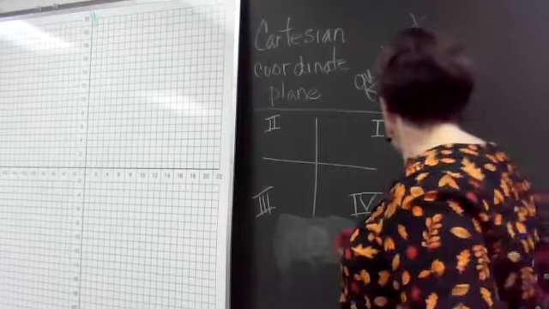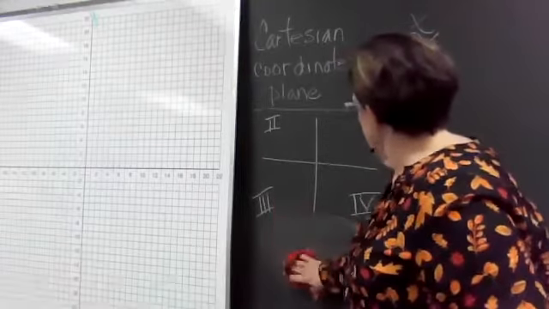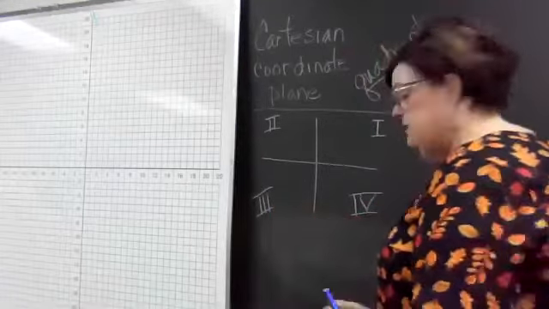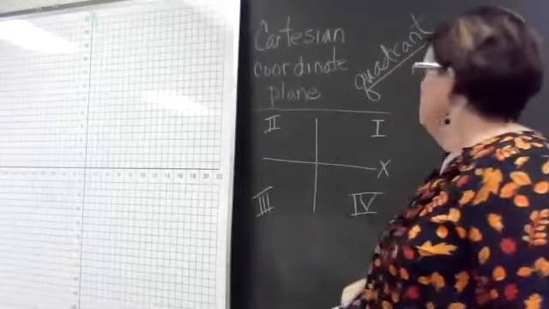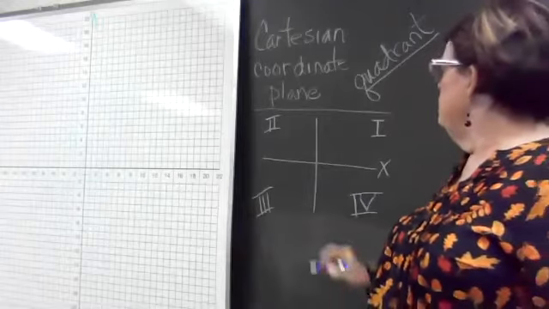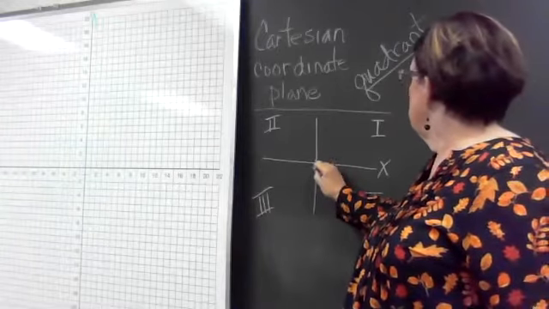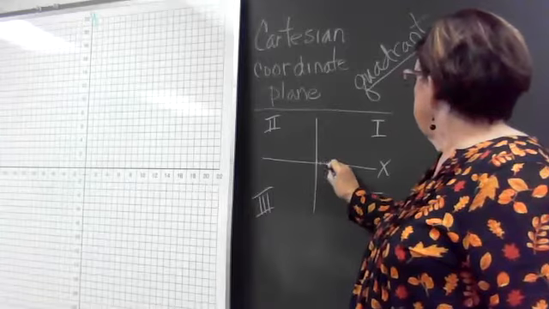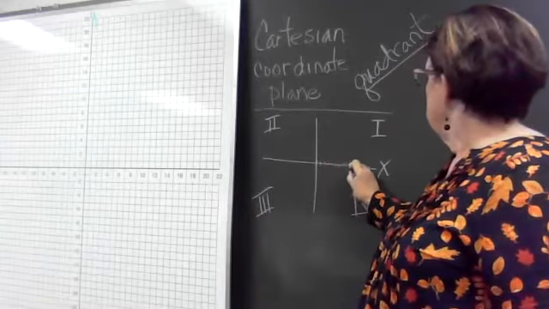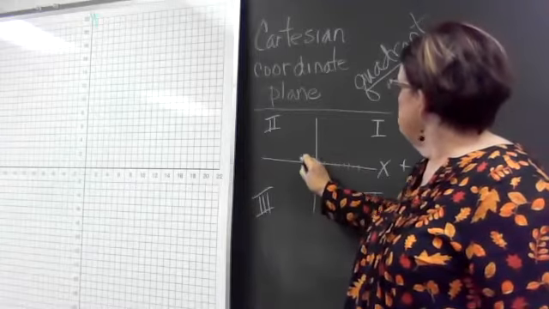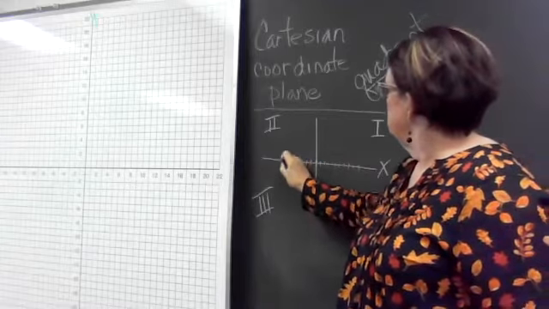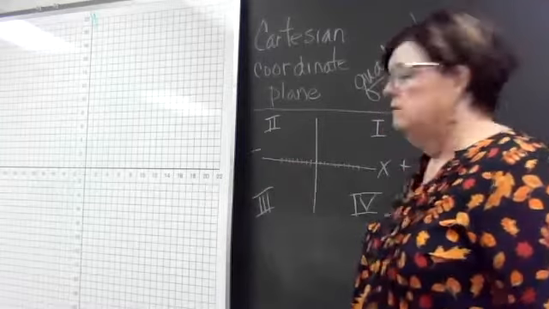So the horizontal number line is exactly the way our number line is that we've been using all along. Right here is the 0, and as you come this direction, the numbers are positive, and as you go to the left, the numbers are negative, okay?